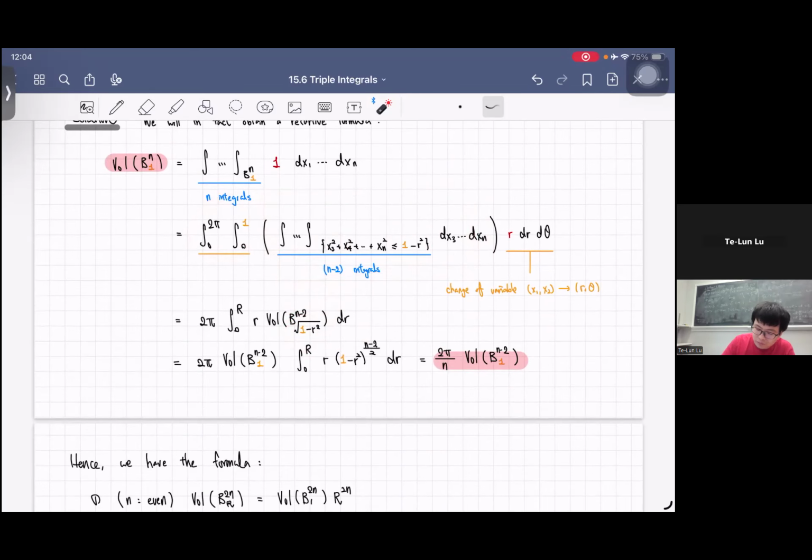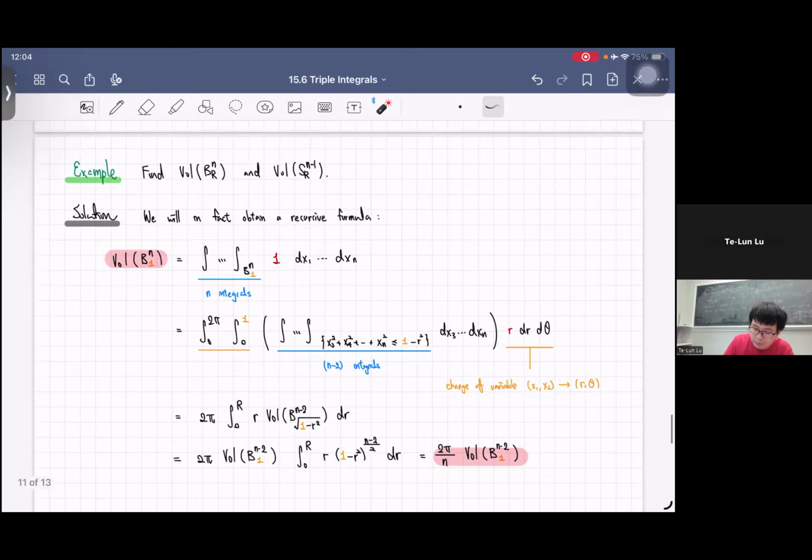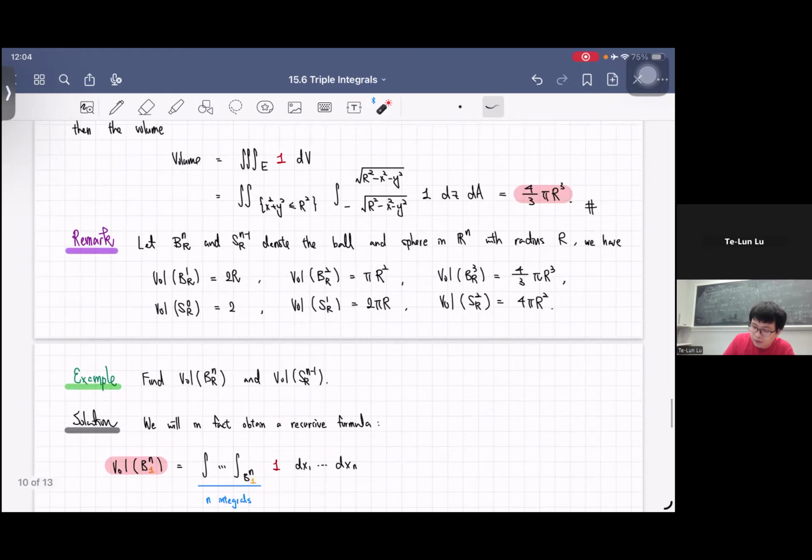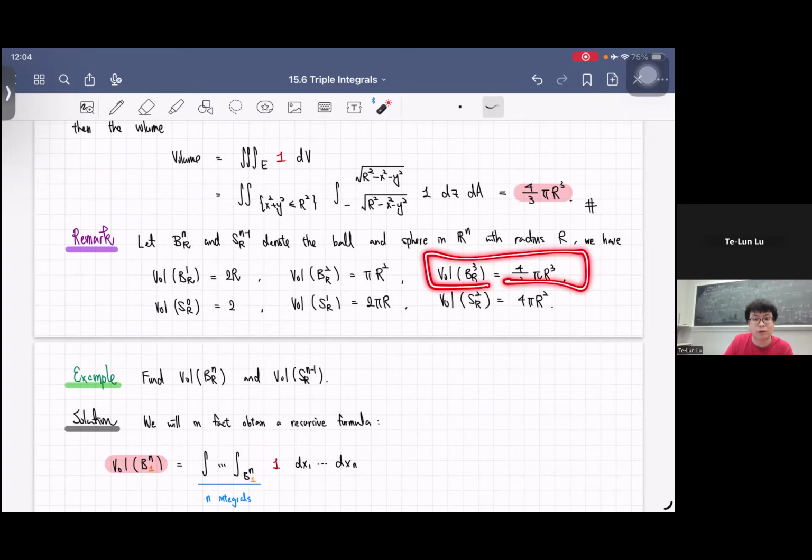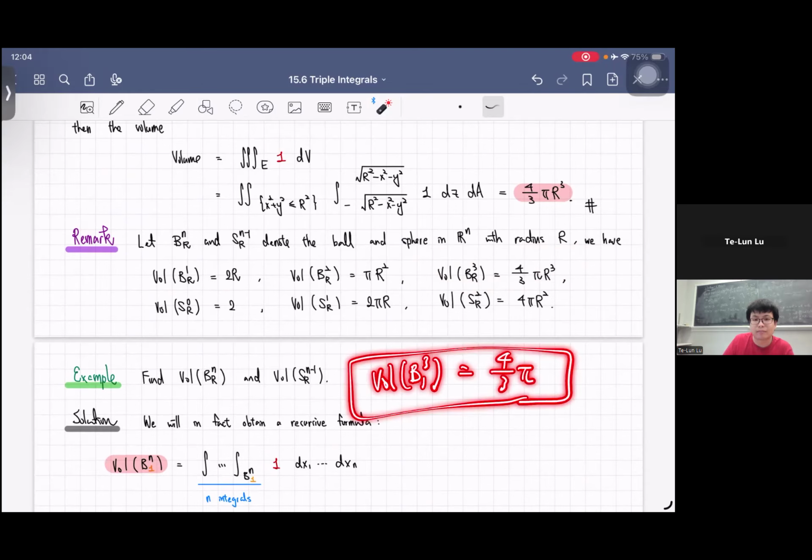And we know that the volume for such a ball will be the volume for the radius 1 ball multiplied by the radius to the power of the dimension, right? So what I'm trying to say is that, for example, we know that the 3D volume is 4 over 3 pi r cubed, right? And we know that the 3D volume of the radius 1 ball is 4 over 3 pi.